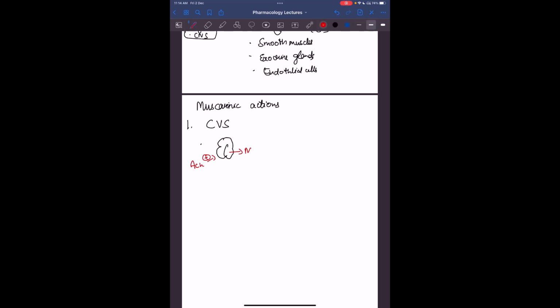So M2 receptors you need to know. It stimulates the receptors of the heart and opens the potassium channel, resulting in hyperpolarization.